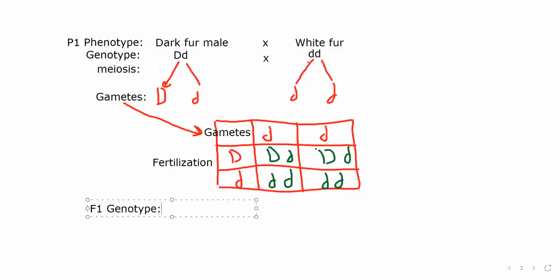That will be our F1 genotype. We're not starting here with the phenotype, mind you. And then in this F1 genotype, we ask ourselves, how many of this type do I have? I have 2.